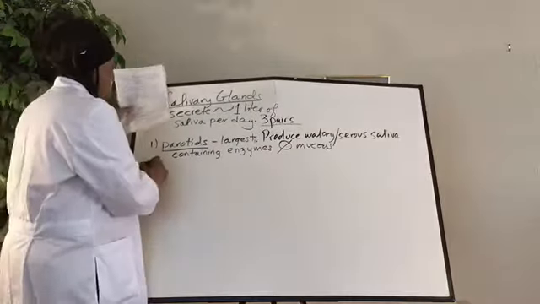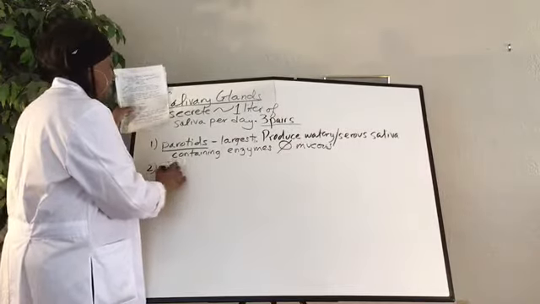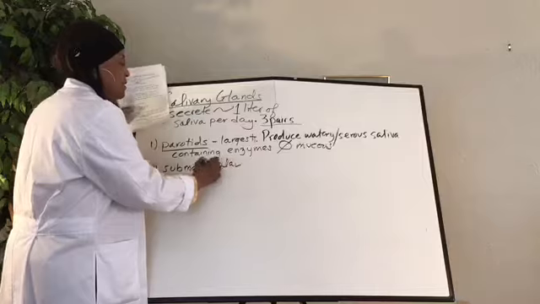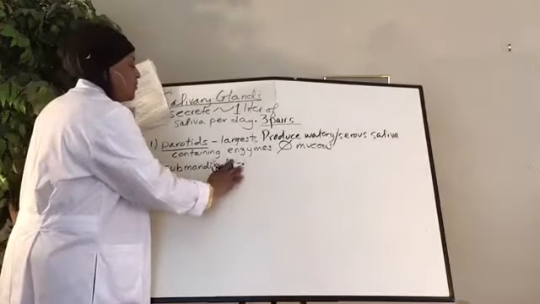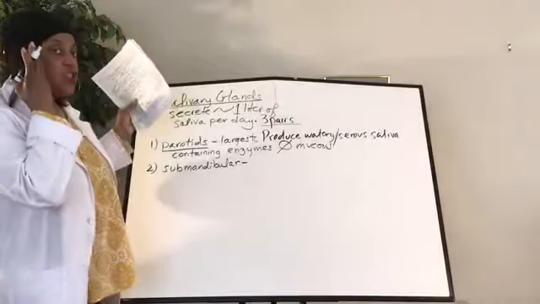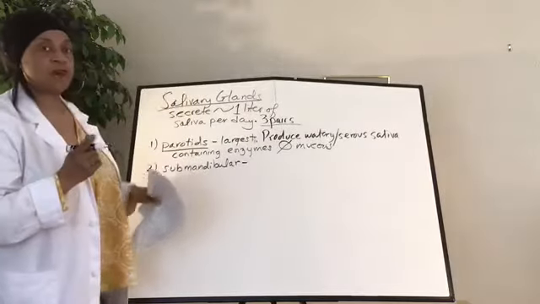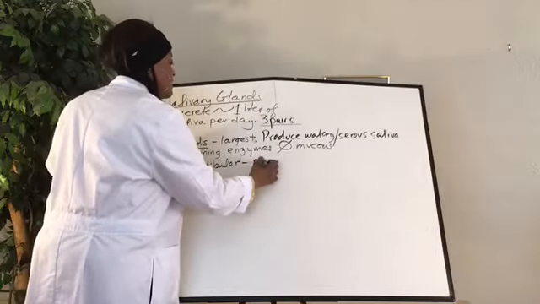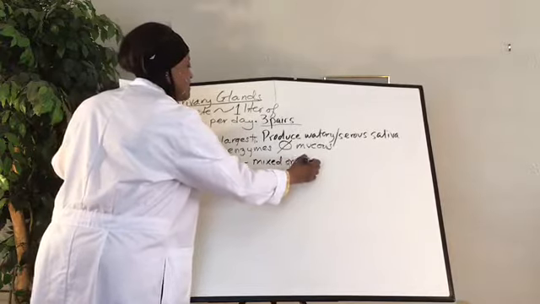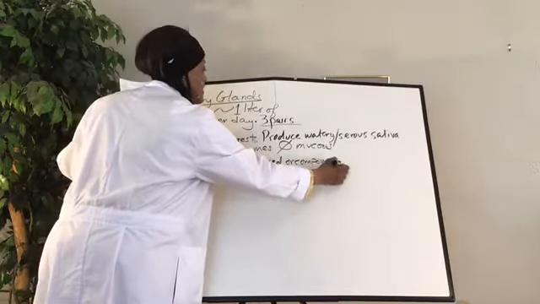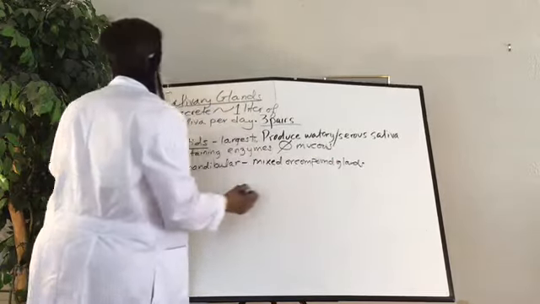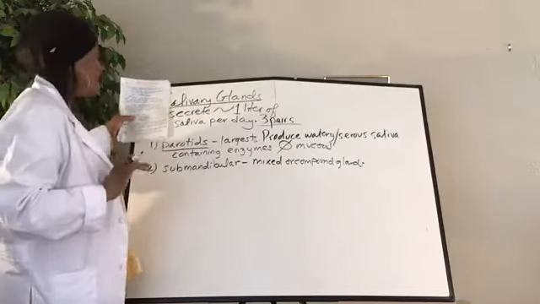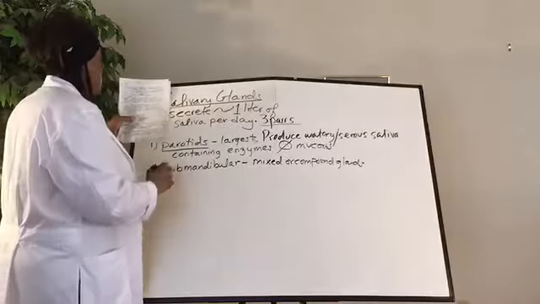Let's go with the second of the paired salivary glands. We have submandibular. Now, where's your mandible? Correct, it's in your jaw, right? So these are submandibular, meaning below the jawline. So these are mixed or compound glands, and they contain both serous, so they have a watery mix, and some mucus producing elements.